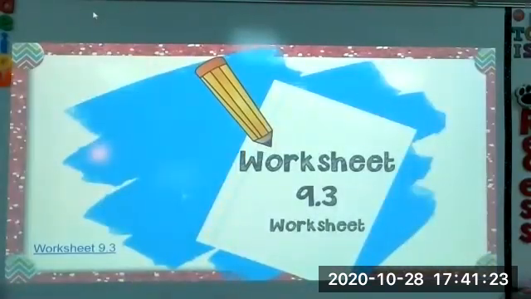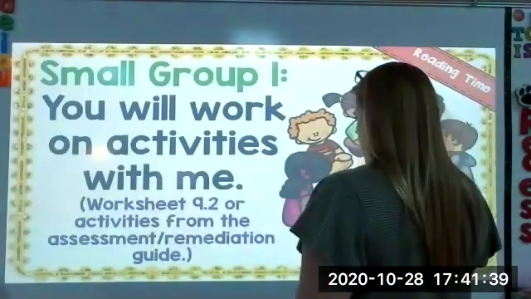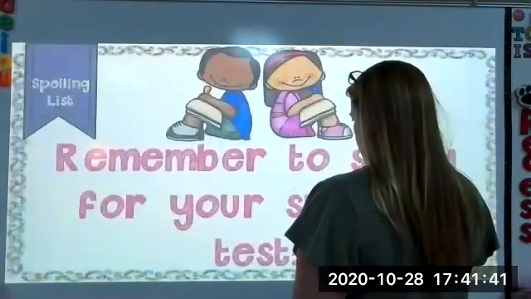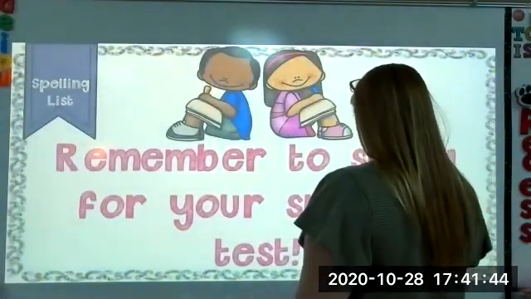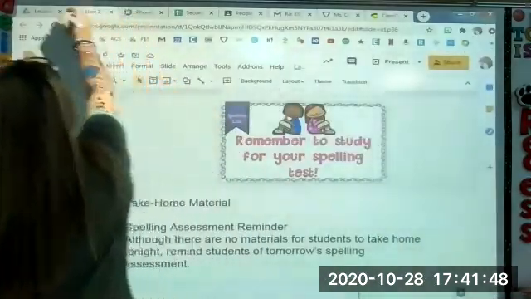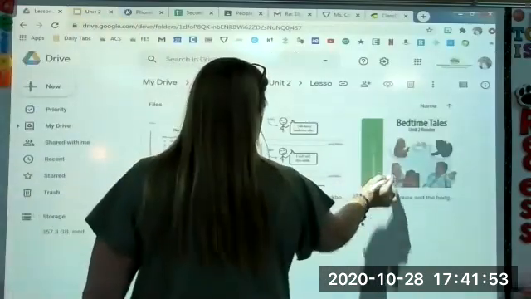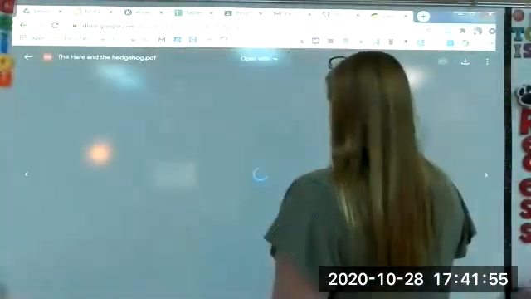All right. So we are going to get started with the story. Here we go, the hare and the hedgehog.